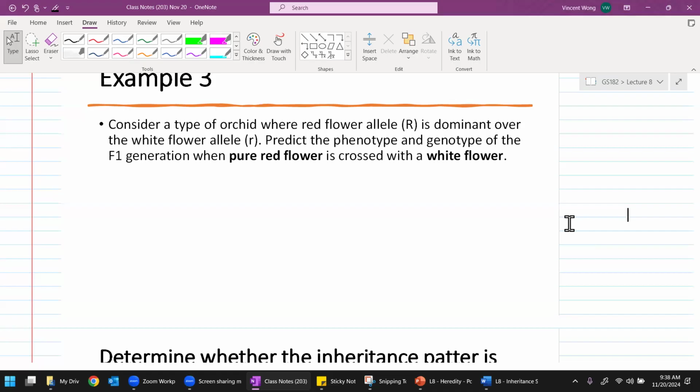So 2 out of 4, right? 2 out of 4, so you do 2 divided by 4. Well, we don't know, we have to figure it out. Anybody have any questions? 100% red? Okay.